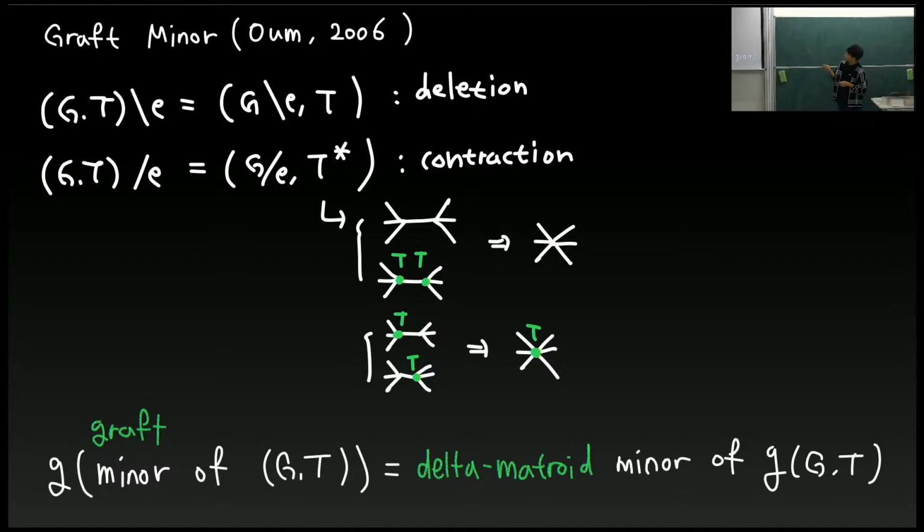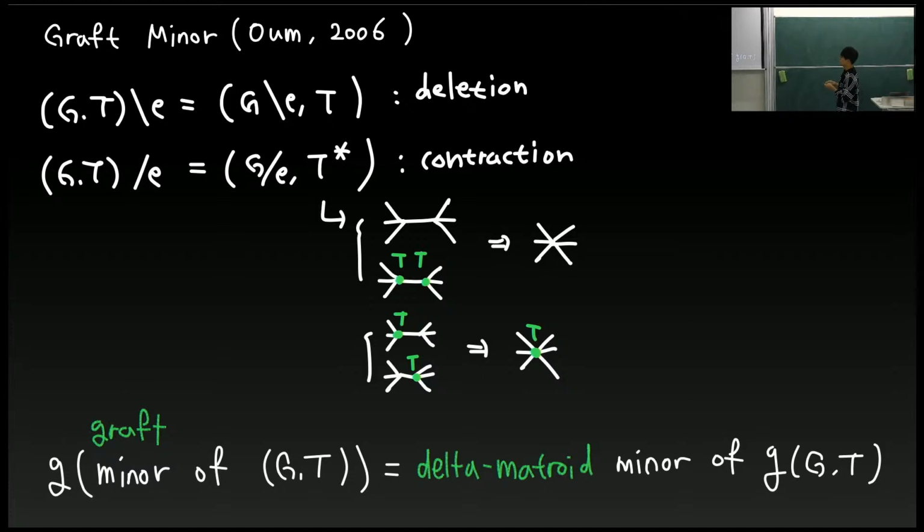Before I sketch the proof, let me mention the graphic delta-matroid minor. There are two operations for it. The first one is deletion, and the other one is contraction. The deletion operation is not different from the deletion operation for graphs. However, contraction is a little bit different.